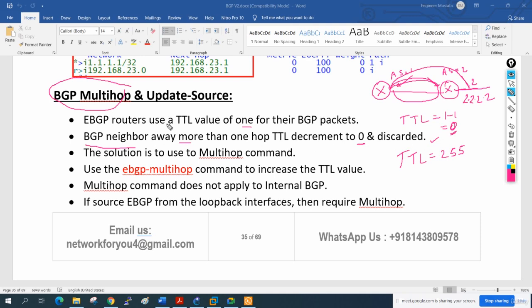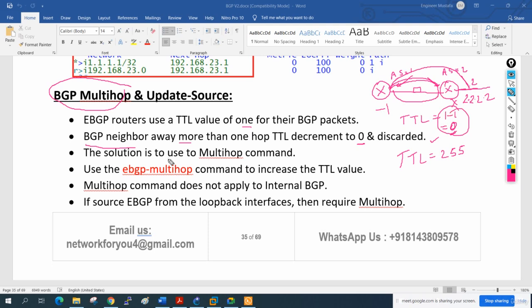In simple terms, whenever we are configuring eBGP, we need to remember our TTL value will be 1. If we want to send the packet to our loopback, it will not go, it will drop, because whenever our packet crosses the router, the TTL value is subtracted by 1. When it is subtracted by 1, it becomes 0, so our packets will drop.